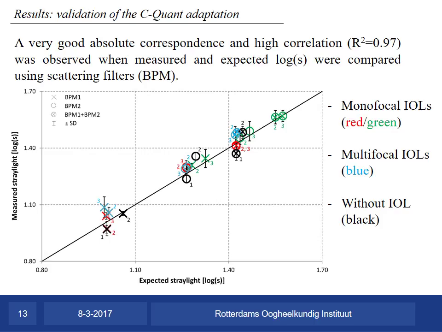As you can see, a very good absolute correspondence and high correlation was found between the measured and expected straylight. This proves that the C-Quant adaptation and the procedure give proper absolute values and can be considered as an objective measure for straylight assessment in intraocular lenses.